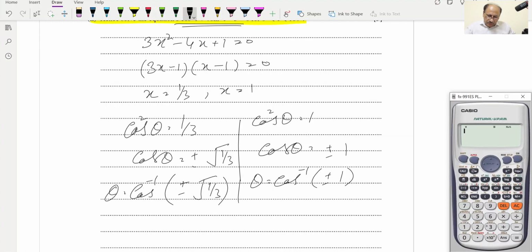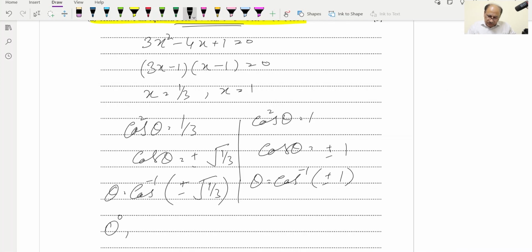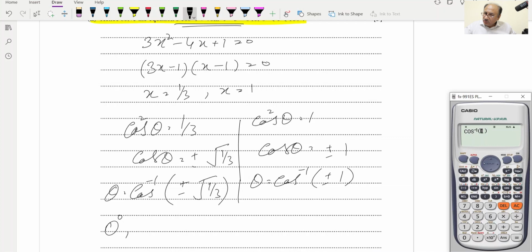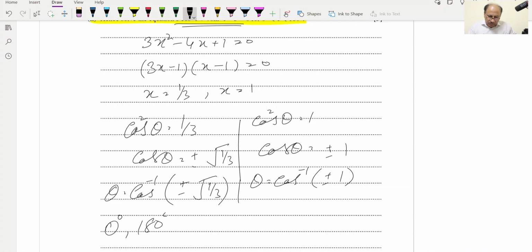So shift cos inverse of plus 1 will be equal to 0 degrees, and for minus 1 we can write 180 degrees.